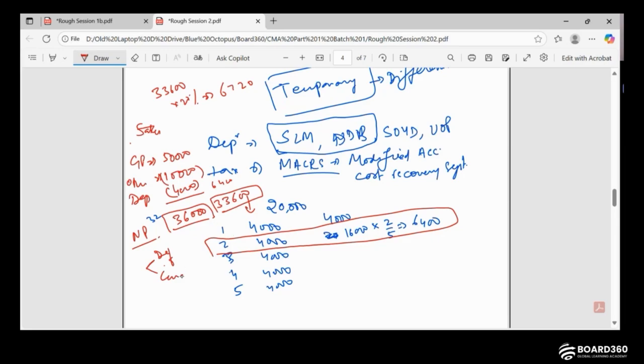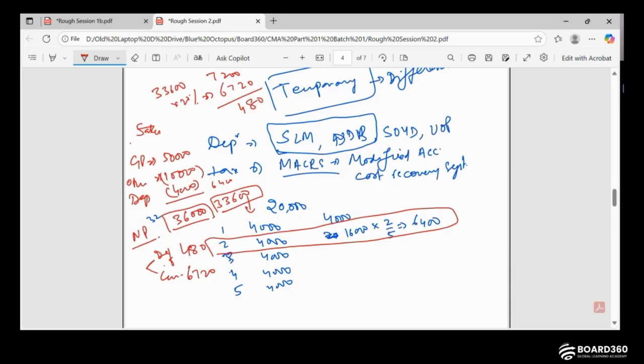So current tax will be 6,720. Total tax you have to report is 7,200, which is 20% of 36,000. So extra 480 should be reported as deferred taxes. Deferred taxes means these taxes will be paid maybe in the next year.